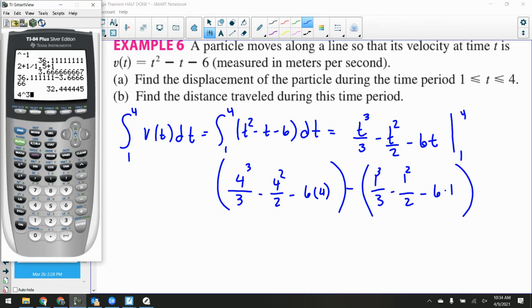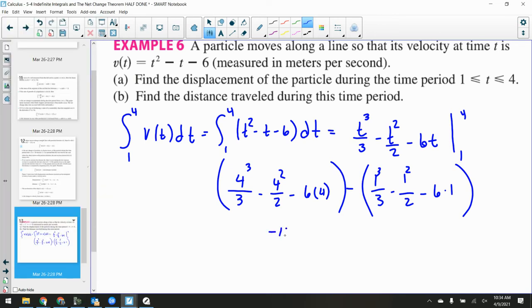4 to the third over 3, minus 16 over 2, so 8, minus 6 times 4 is 24. So negative 10.6, which means it went in a negative direction at time 4.